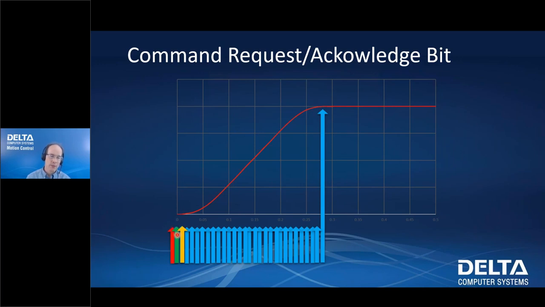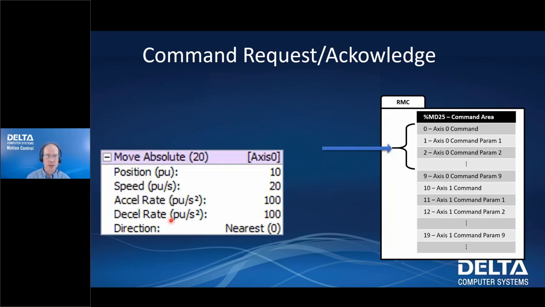It may have come from right before you send the command if the communications is not synchronized properly. So this is why we have a command request acknowledge bit. What it does is when you have a command and you're sending it to the RMC, you toggle the command request bit each time a command is sent. So from the PLC, when you send the command, we'll see how it works, but you toggle the command request bit.